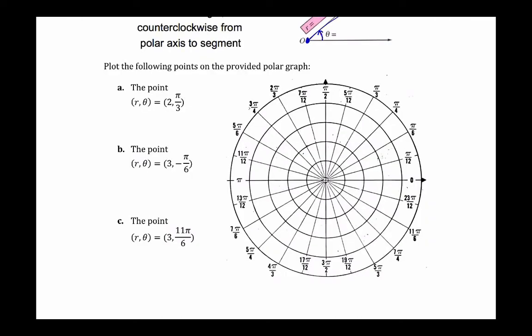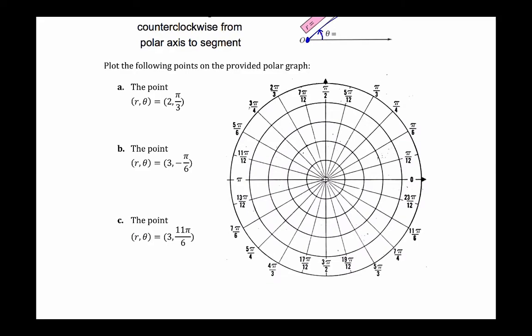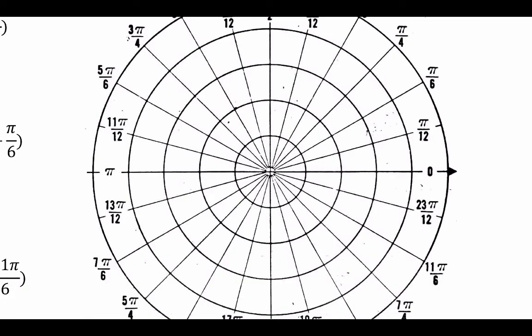But when we're talking about r and theta, r is really telling you how far away you are from the origin. So if your origin's here, we're going to say this is 1 away, this is 2 away, and those numbers 1, 2, 3, 4 are how big your radius is, how far away it is from the center.